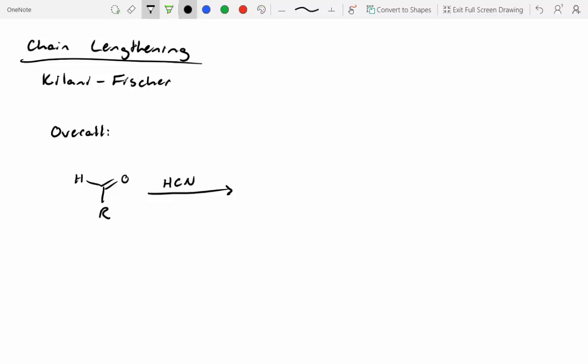You guys remember that chapter? What you'll form is a cyanohydrin. Cyanide can attack in, and you'll actually get a mixture here.